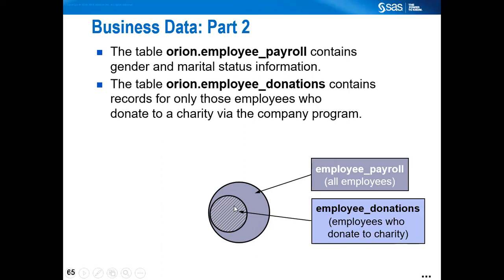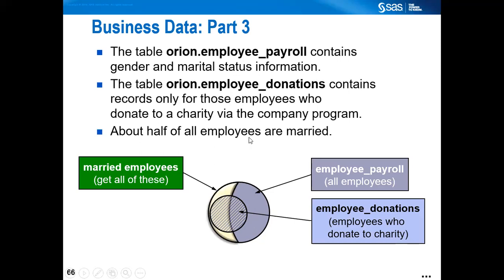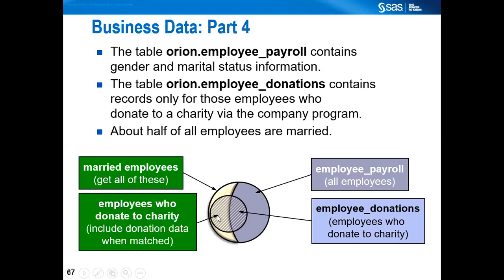Among them, few are donating, and that is also having the information about married spouses who are donating. So the third part is half of all employees are married. So what we require is this part: employees who donate to charity. Understood?